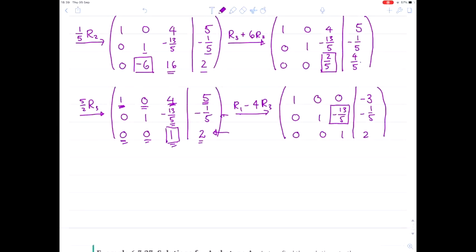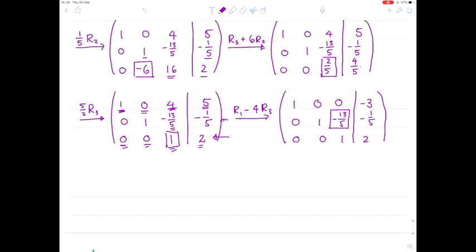So we're almost there. We just have one more entry to sort out over here. And again, we're going to add the appropriate multiple of row 3 to row 2 to sort that out. So here we've got row 2 plus 13 over 5 of row 3.